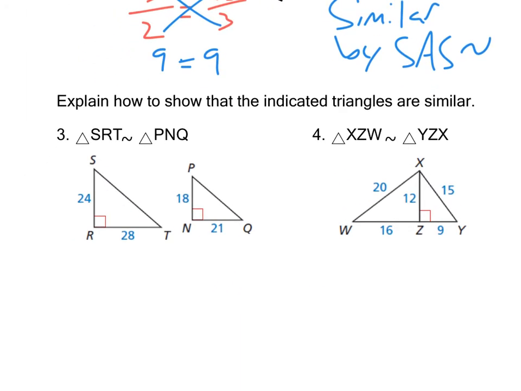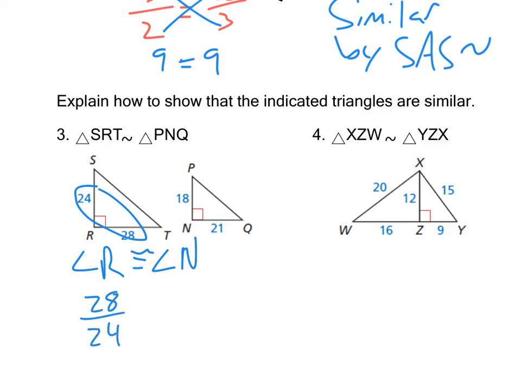So all we're looking for is two angles that are congruent, like R is congruent to N. And are the sides proportional? Let's check here. Let's make a ratio out of two sides from the same triangle. Probably the easiest way to go is take the two sides from the same triangle. Okay, here let's put 21 over 18. Okay, are they equal?